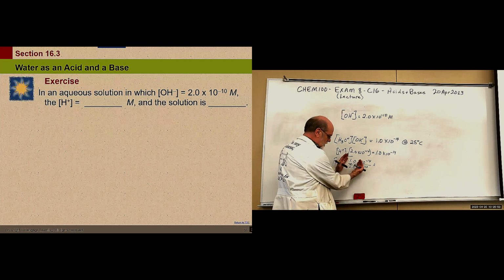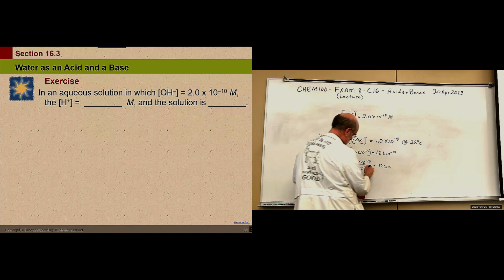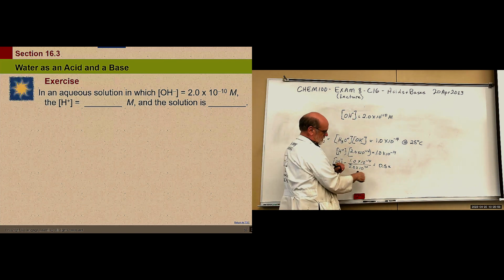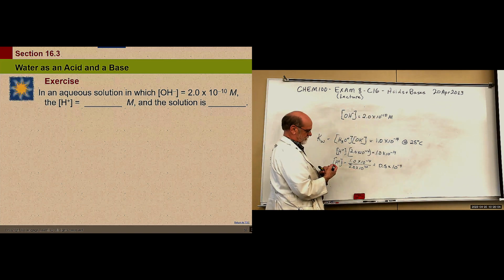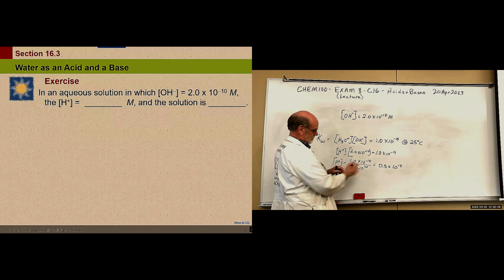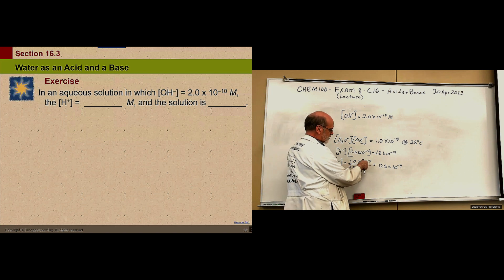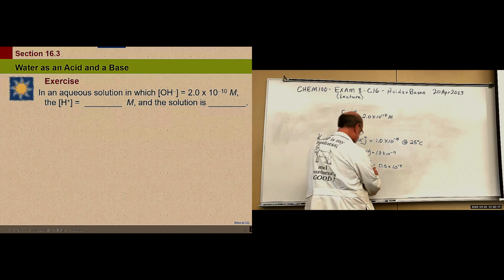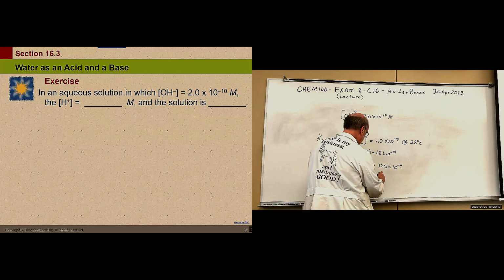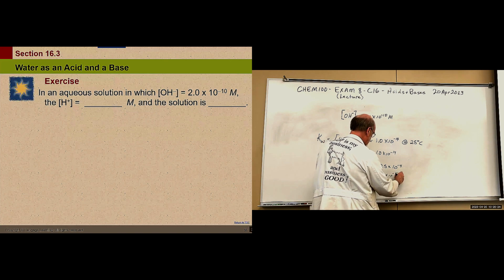So this part of the mark is 1/2, 0.5. And this part is 10 to the minus 4. Correct? Yeah. This minus 10 is subtracted from this minus 14, which makes it a plus 10. It's minus 4. Okay, so let's do 5 times 10 to the minus 5 molar.